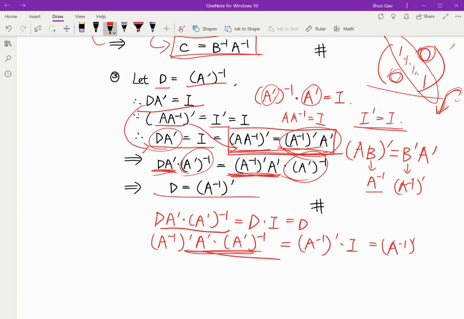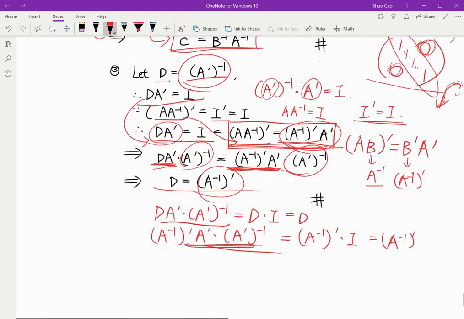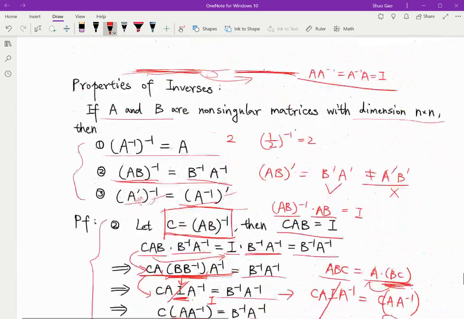So we know that D is just equal to A inverse and then prime. And because D is A prime inverse, and from some derivation we know that D equals this, that means A prime inverse should be equal to A inverse and then prime, right? So here is our proof.